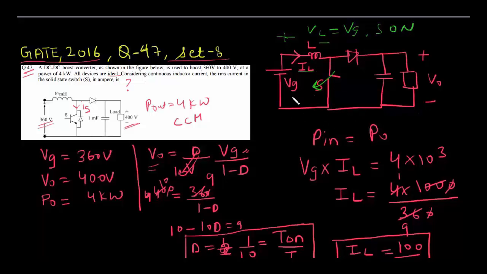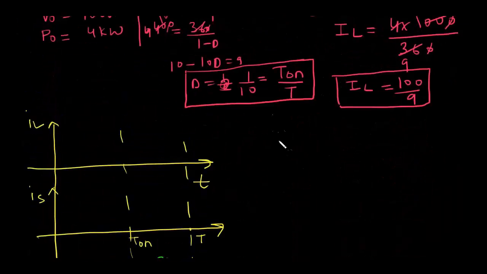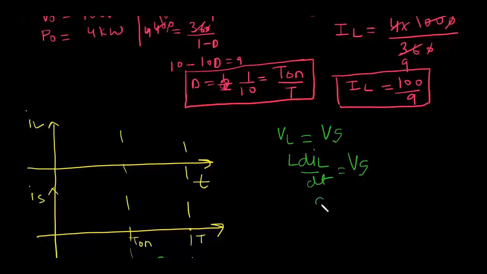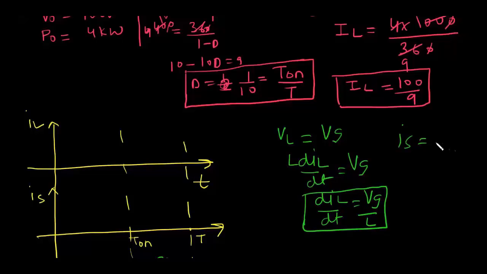You can also notice that when switch S is on, D will be reverse biased because of the output voltage, and switch current is equal to inductor current. So we can write VL equal to Vg, or L dIL by dt is equal to Vg. So dIL by dt is equal to Vg by L, and switch current is equal to inductor current. This is true when S is on.